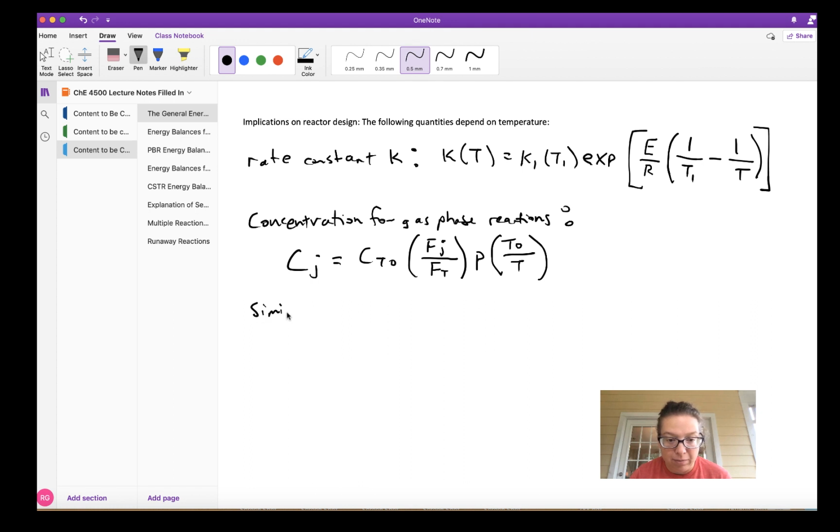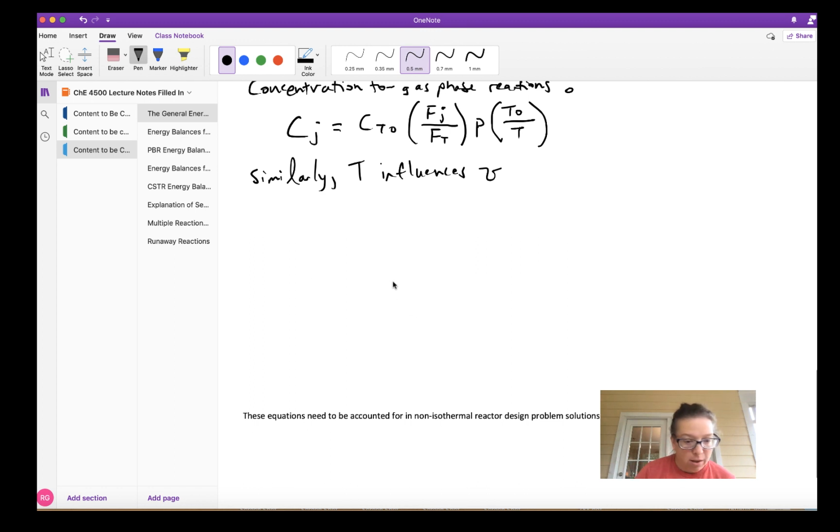Similarly, temperature influences volumetric flow rate in a similar way as it does concentration, so I'm not going to write that out. The temperature also influences the equilibrium constant, Kp.